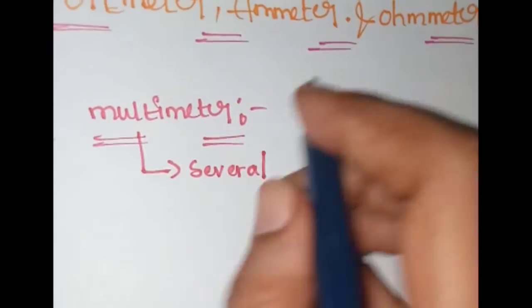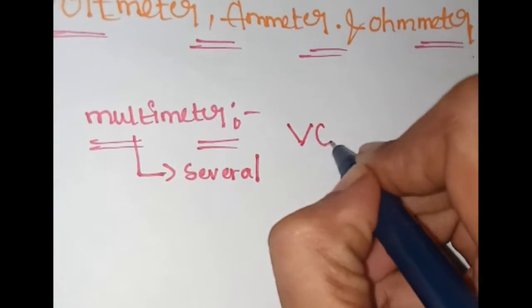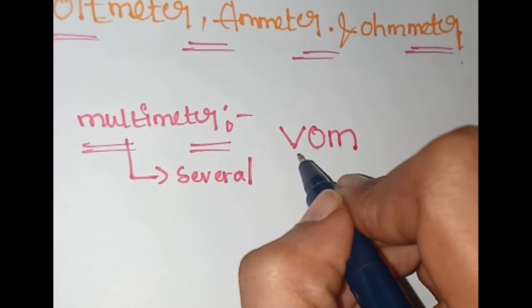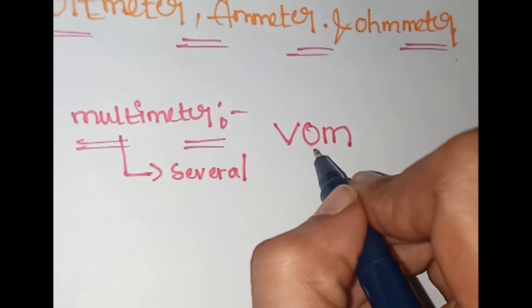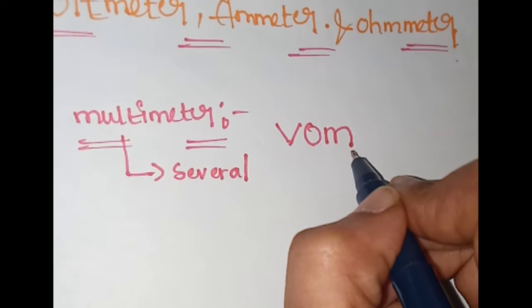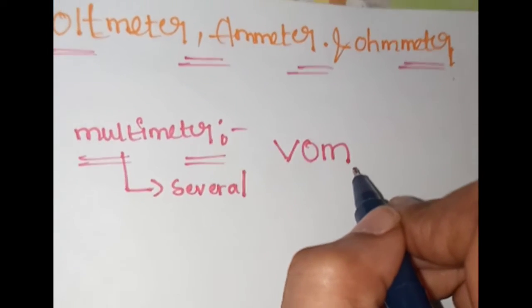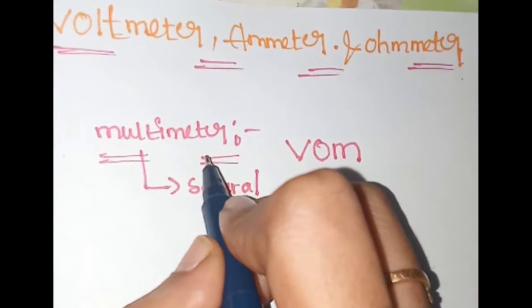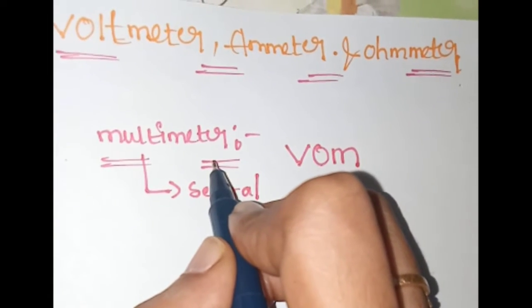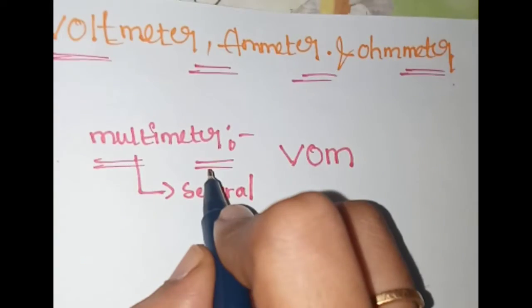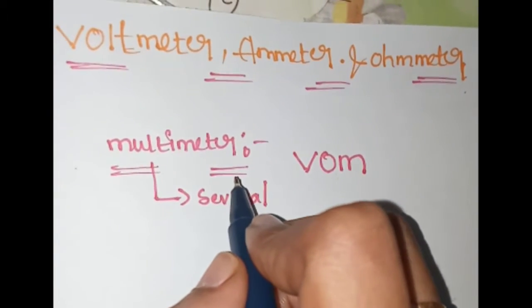It is also known as the VOM. That means V represents volts, O represents ohms and M represents milliammeter. Volt, ohm, milliammeter. It is an electronic measuring instrument that combines several measurement functions in one unit, known as a multimeter.